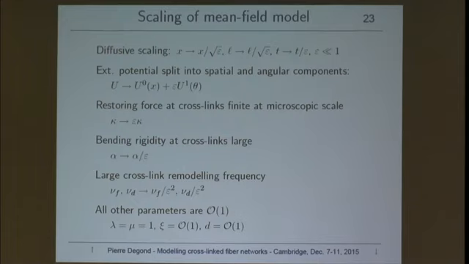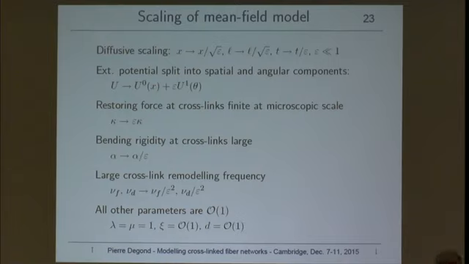We assume that the external potential has a spatial component and an angular component, and the angular component is small compared to the spatial component. We scale the restoring force like epsilon. That's actually not saying that the restoring force is small. It means that at the microscopic scale it's finite.